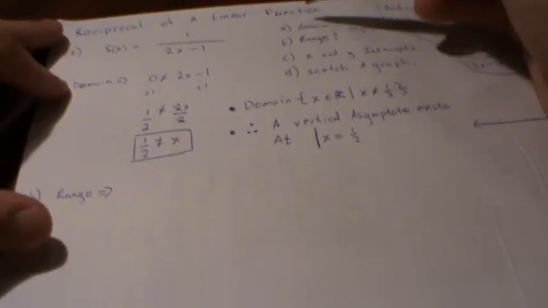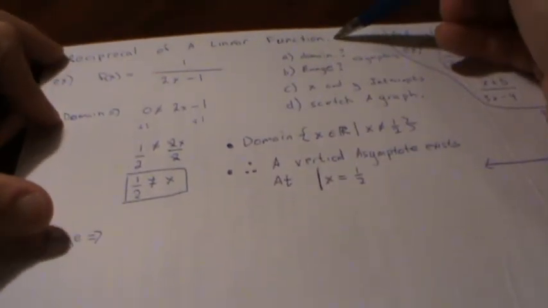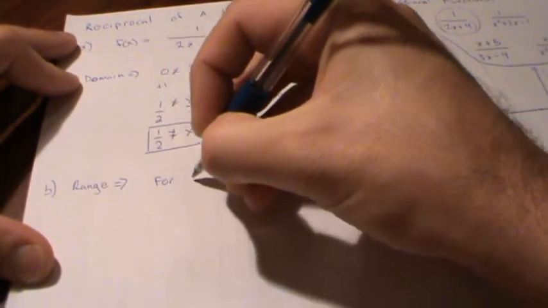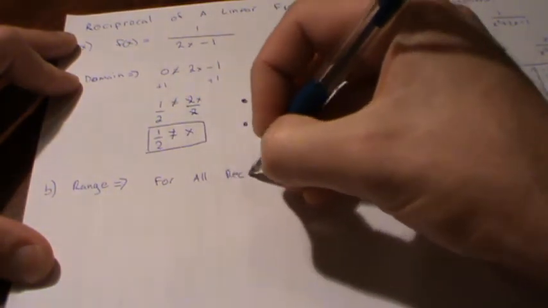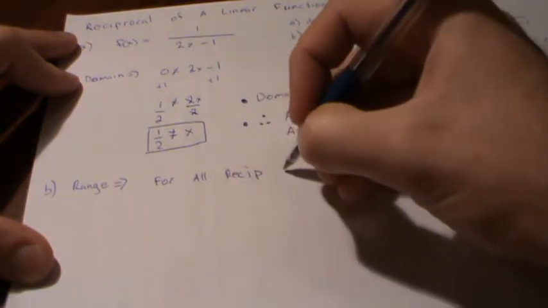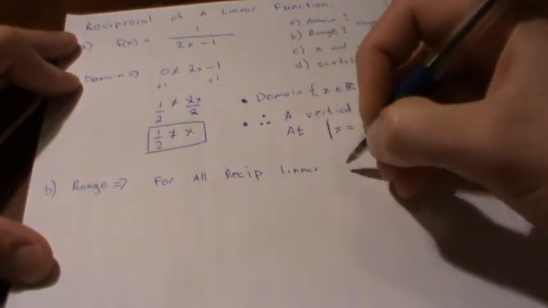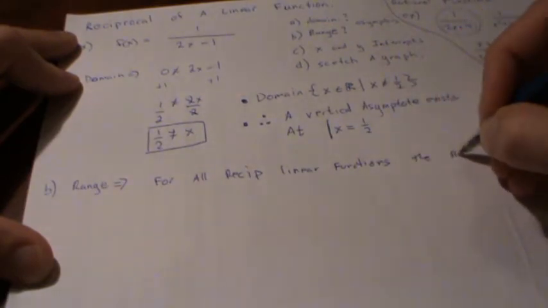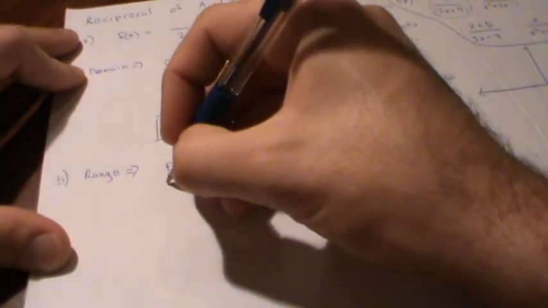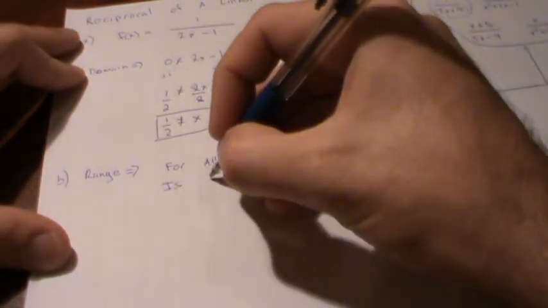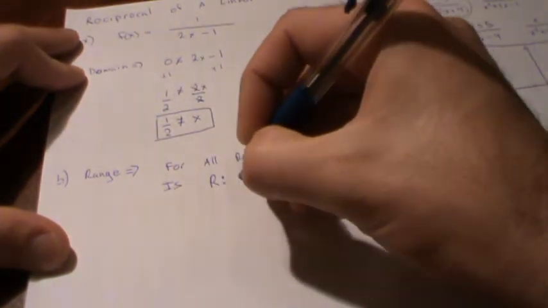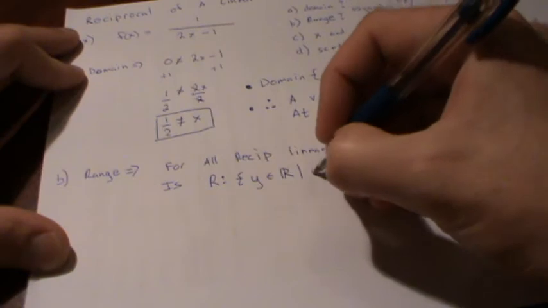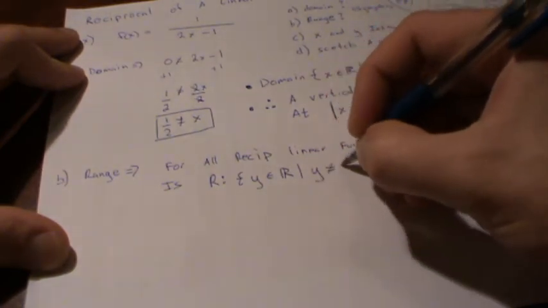For all of these reciprocal linear functions, the range is y is a real number such that y cannot equal 0.